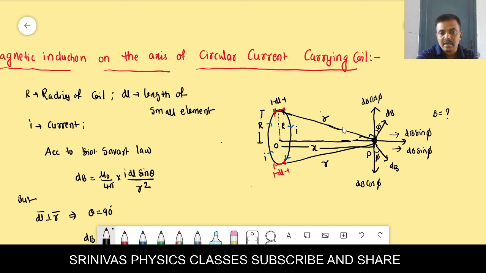Then when it is perpendicular, this is phi; what about this angle, the angle between dB cos phi and r? This angle will be 90 minus phi. Is it correct? Because the sum of these two angles, that is 90 minus phi and phi, should be 90, because this small element is perpendicular to dB.